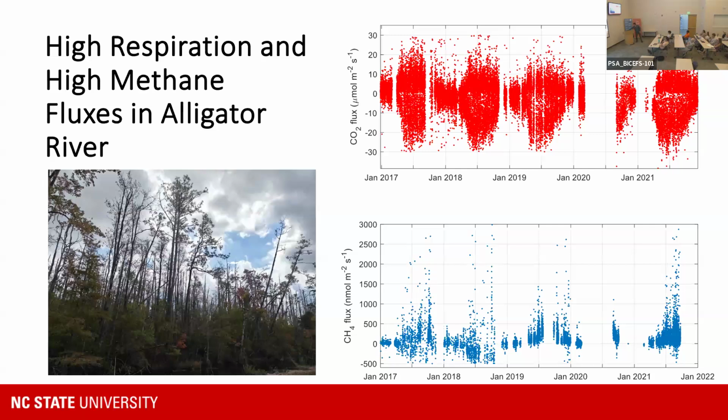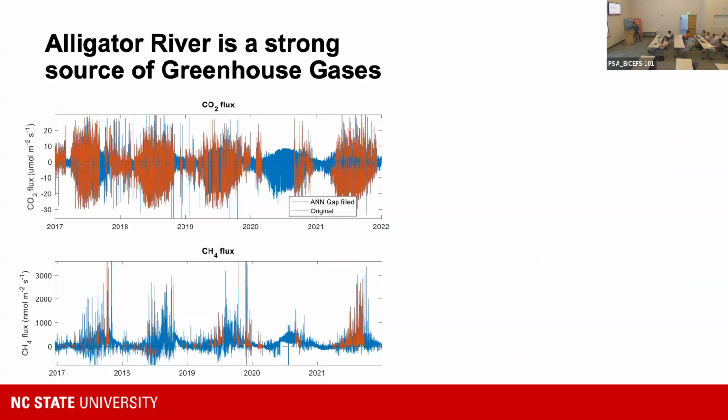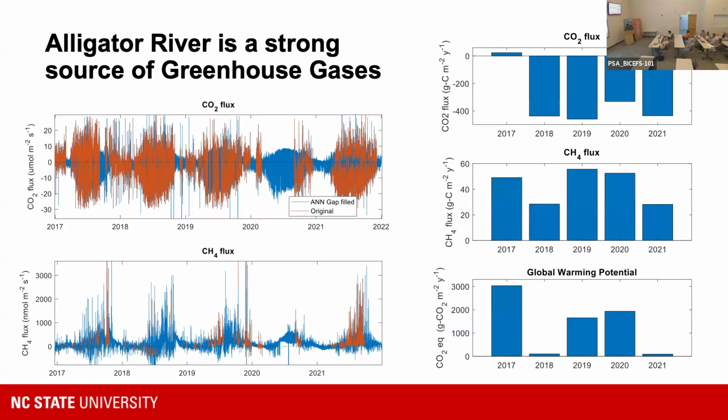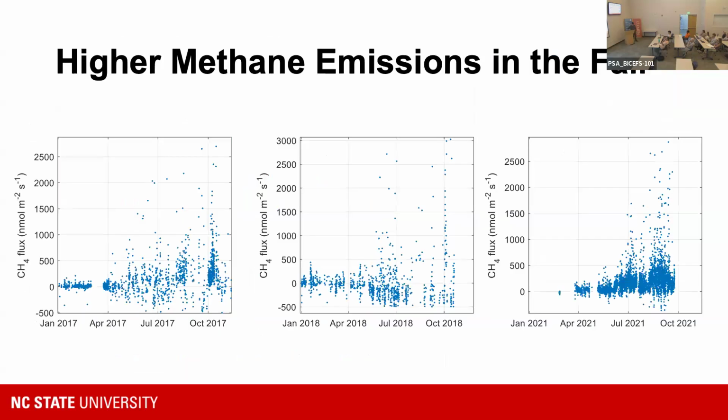Interesting as well is the higher methane emissions in the fall that you see in multiple years, where you would expect methane emissions to peak more towards July and August, because that's when the temperature is highest and methane responds to temperature.